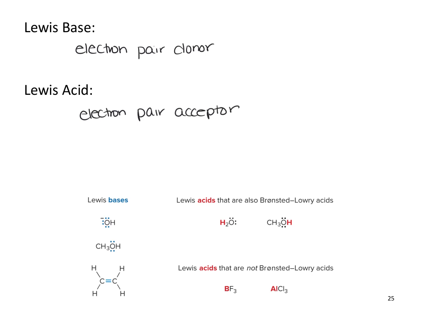Lewis bases are structurally the same as Bronsted-Lowry bases. Both have an available electron pair. So when we talk about having an available electron pair, remember this is a lone pair or an electron pair in a pi bond.